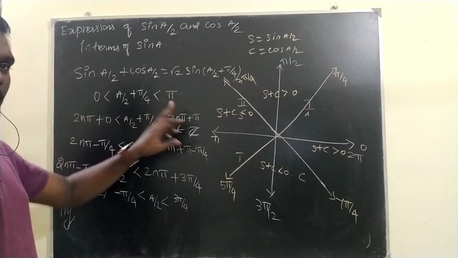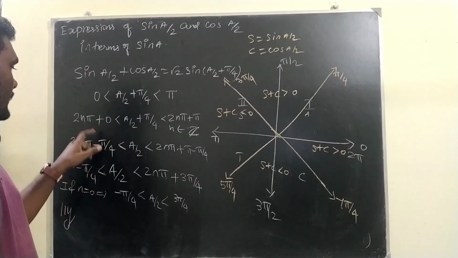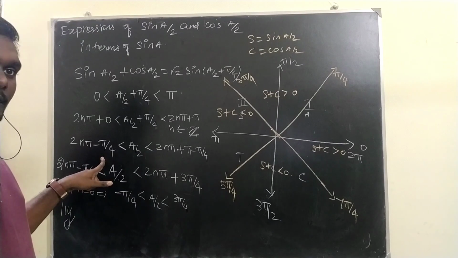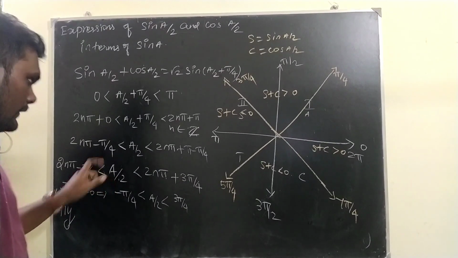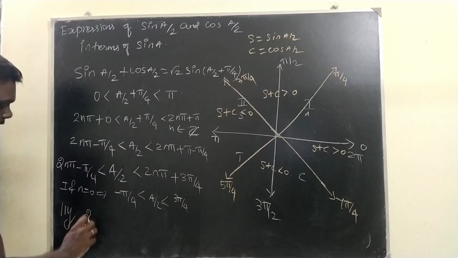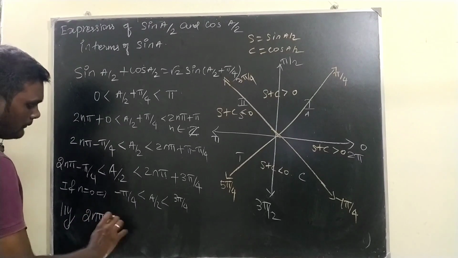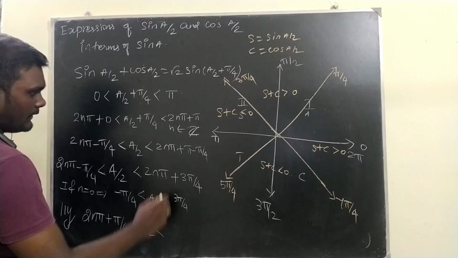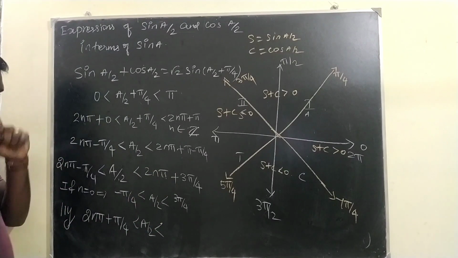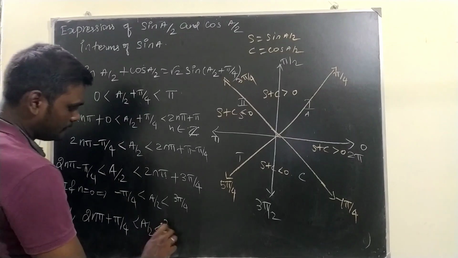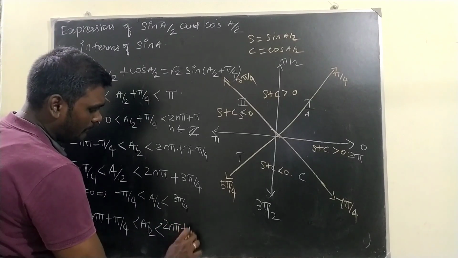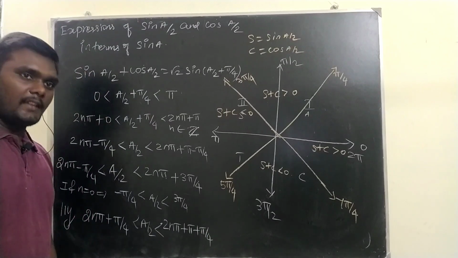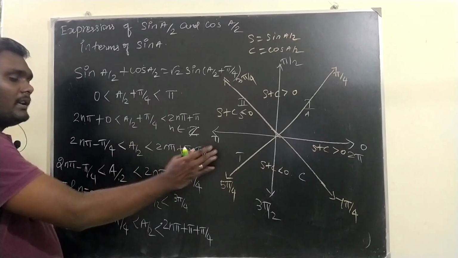The range is still 0 to pi. So instead of subtracting pi by 4, we will be adding pi by 4. Yes. So that is 2n pi plus pi by 4 less than A by 2 less than 2n pi plus pi plus pi by 4. Same step repeated. Instead of subtracting, we will be adding.